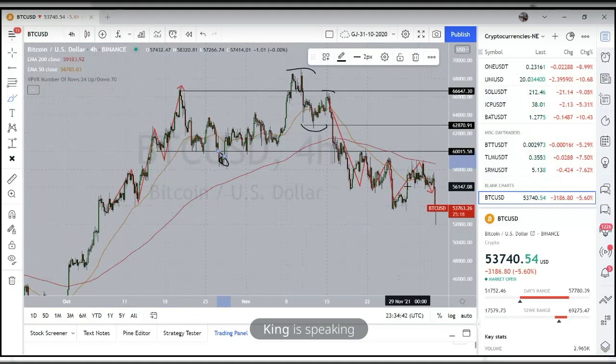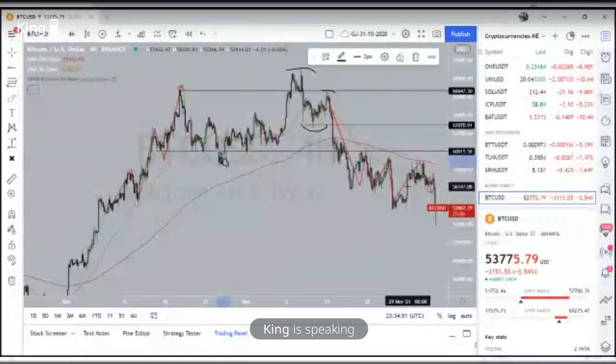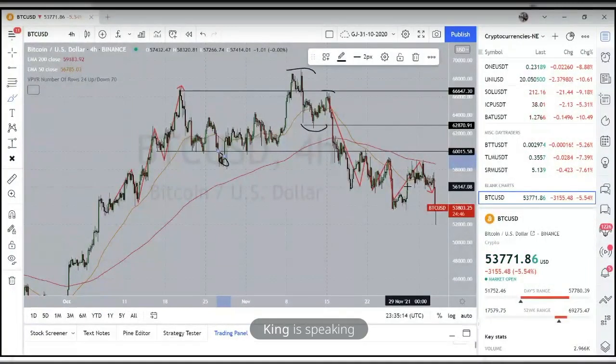For example, once this breaks, I might sell, and I'll be looking for like a 10-15% move down. So that would be from around 62K to like 56, and then sell 50% and see if we get any more momentum or any more of the trend.